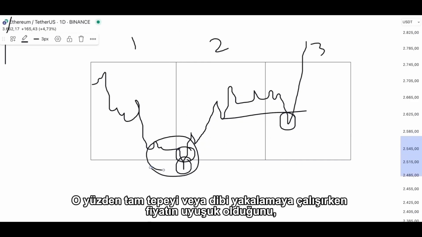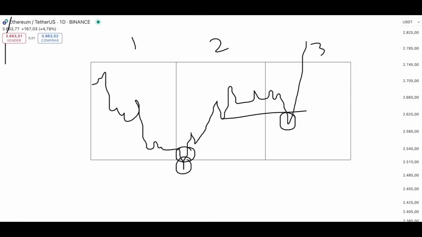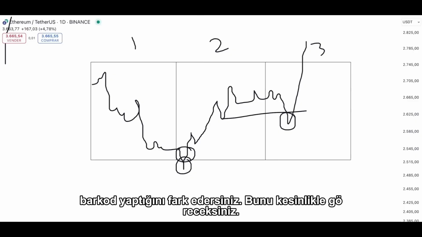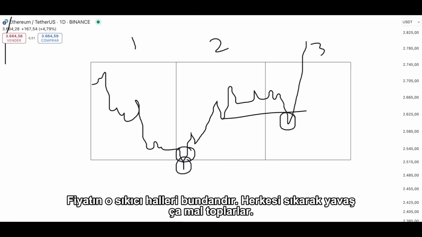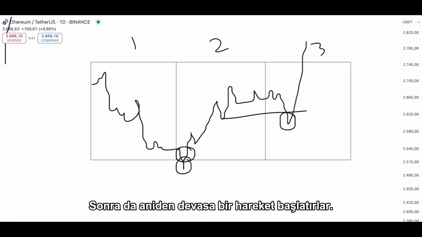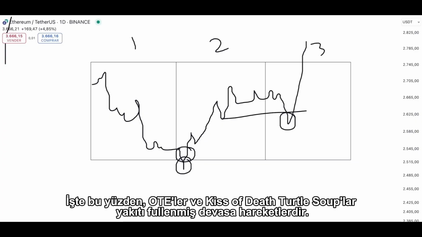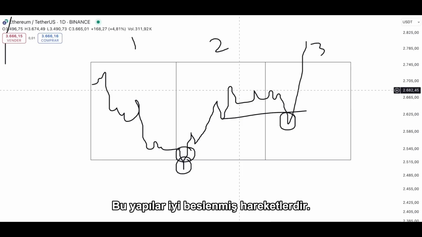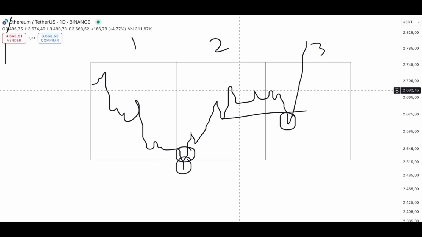Which is why usually when you're trying to catch the exact high of a candle or low of a candle, you will find yourself noticing a slowness in price, noticing lethargic price action. All right, why? Because they're accumulating slowly, boring everyone out, and then suddenly they have a massive price movement, which is why OTEs and Kiss of Death Turtle Soups are usually well-fed, well-fueled price moves, right?